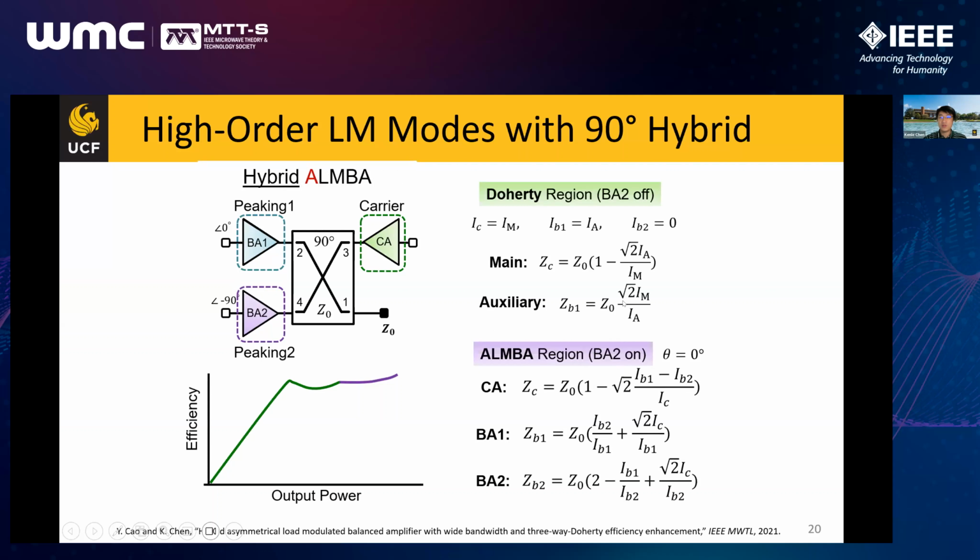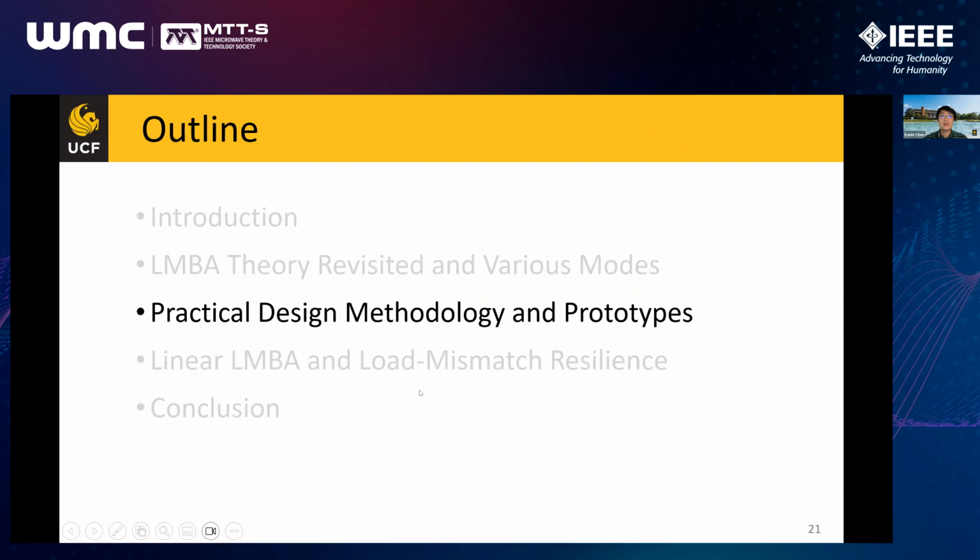I'm going to introduce this mode in detail in a later slide. As you can see, it can achieve high-order load modulation modes with an extended power backoff range. In the next section, I'm going to introduce the practical design methodology for this LMBA and a few design examples and prototypes.